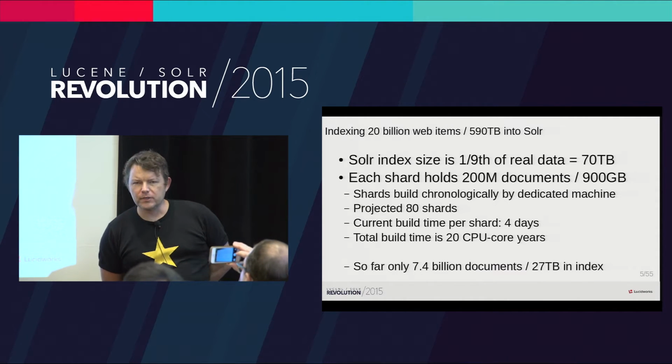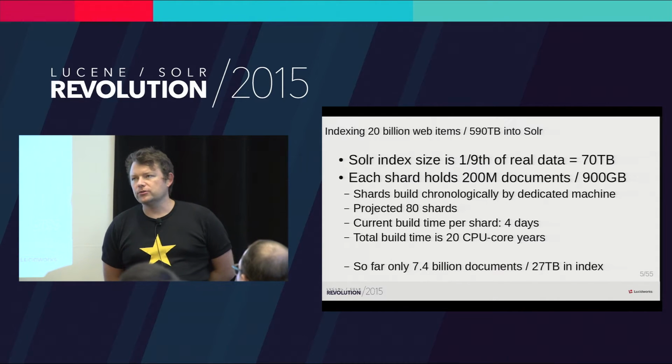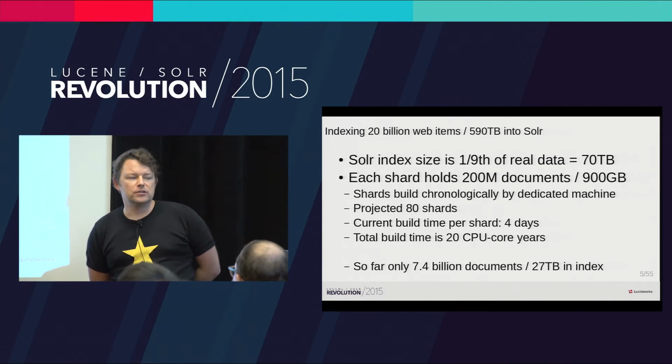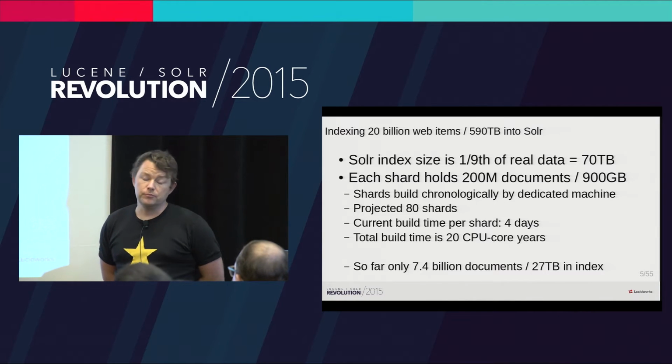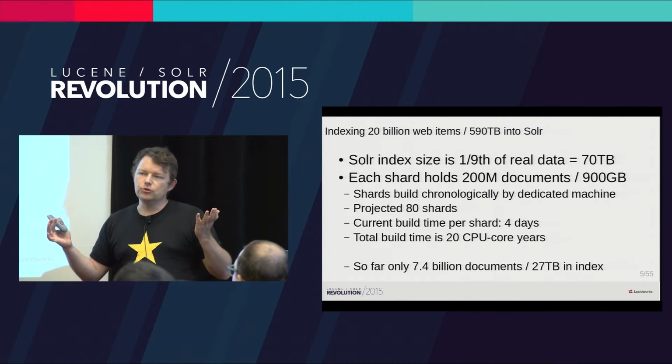So the problem is there's quite a bit of data. It gets compressed to about 1/9, I seem to remember, into Solr, but it's still a lot of terabytes that needs to be produced, and it takes a lot of processing time, 20 CPU core years.